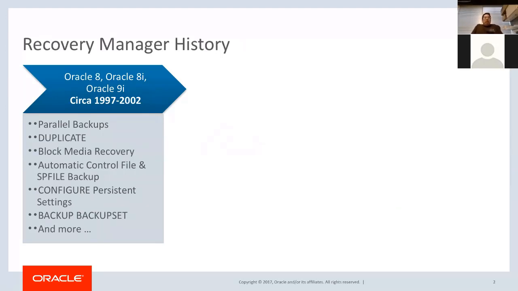We introduced duplicate in 9i, which is very effective for the cloning and restoring of the backups to another database server. Block media recovery, an online mechanism to get a particular block or a set of blocks that are found to be corrupted within the database to be repaired very quickly. That was also a nice online value feature from the RMAN side.